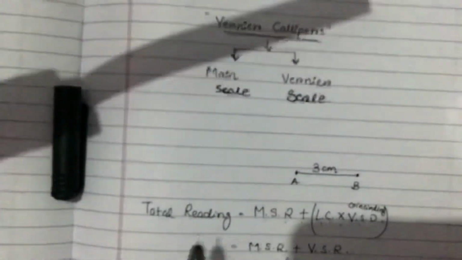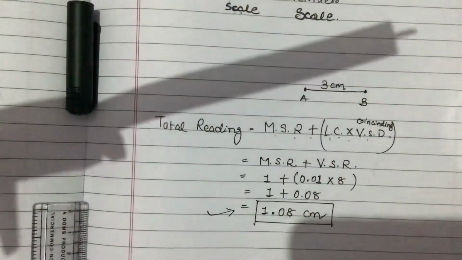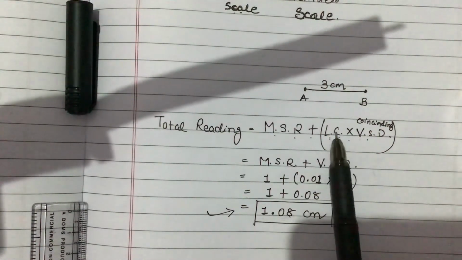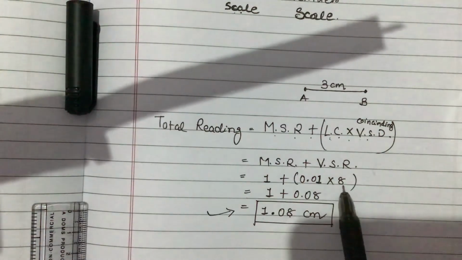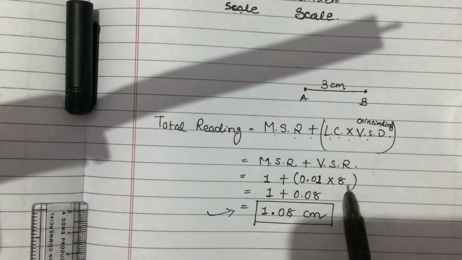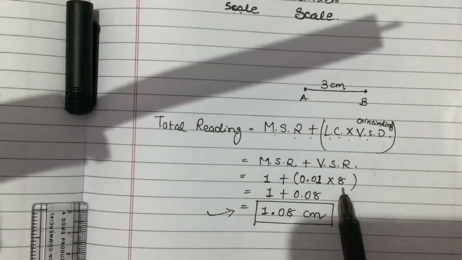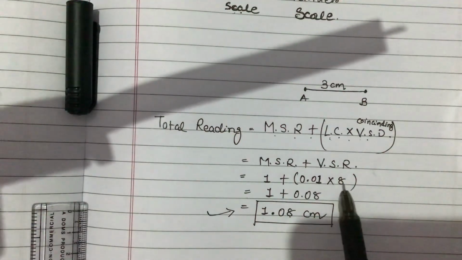So our main scale reading for the diameter of the pen cap has become 1, while the VSR is LC into coinciding VSD. Which division of the vernier scale was coinciding? Number 8. Do not forget to check the most accurate and least accurate divisions, and out of both, take the most accurate. Ignore the least accurate.